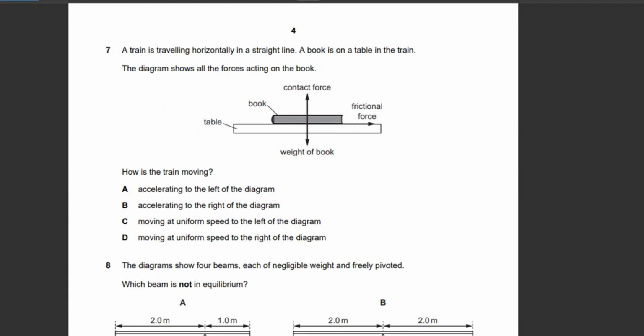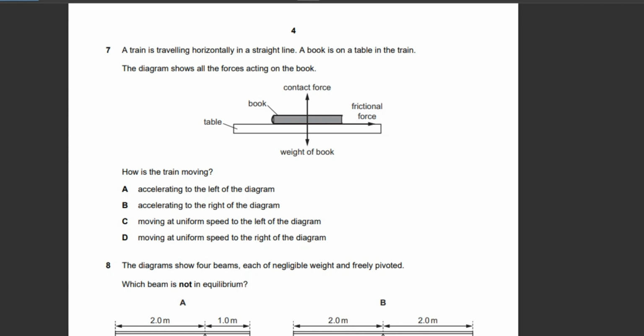Okay. Question 7. A train is traveling horizontally in a straight line. A book on a table in the train. The diagram shows all the forces acting on the book. Okay? This is the table.